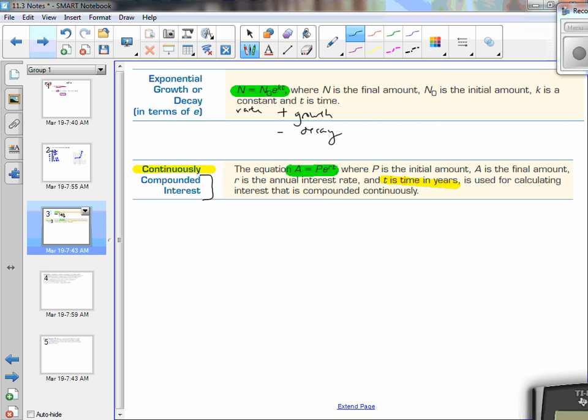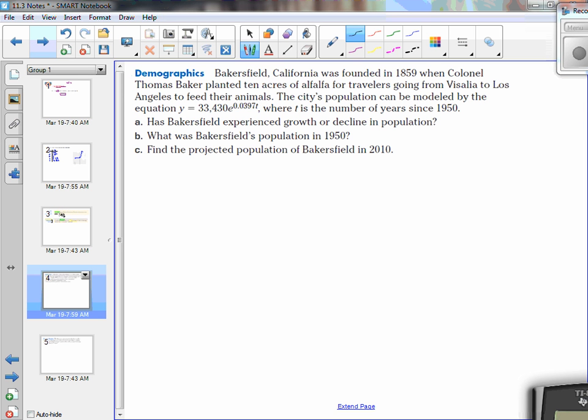I've got 2 problems, and they'll be done. Bakersfield, California was founded in 1859 when Colonel Thomas Baker planted 10 acres of alfalfa for travelers. The city's population can be modeled by the equation, and it gives us a nice little equation right here, where t is the number of years since 1950.